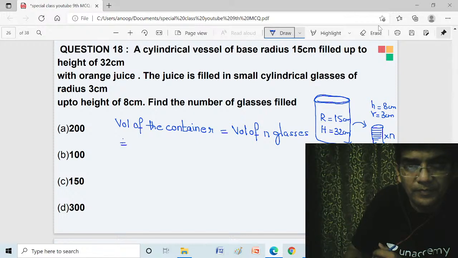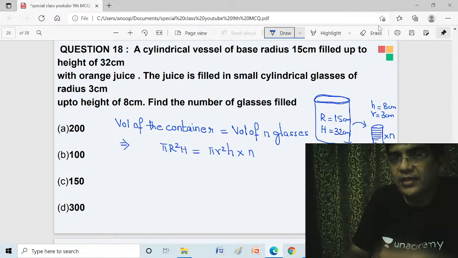We can find the volume of the container like this, pi r square h. Then this is also a cylinder, so we can write its formula like this, pi r square h, and then into n, because n glasses are being filled.